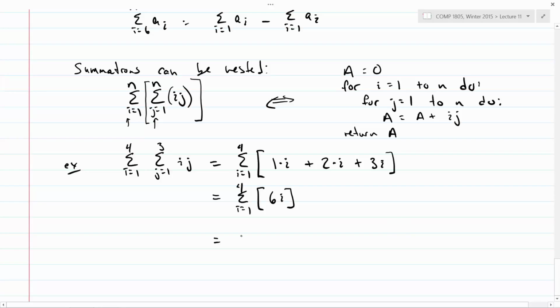So the first term is going to be 6. What's the next term? 6 times 2 is 12. The third term? 18. And the fourth term? 24. And if you add all these together, you get 60. So this is what that sum evaluates to. This thing right here is exactly equal to 60.